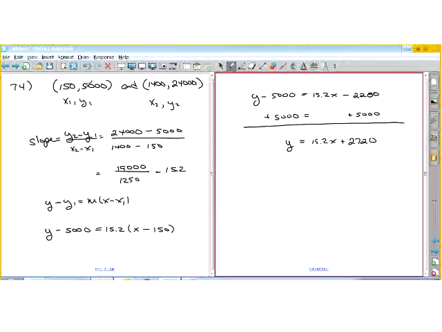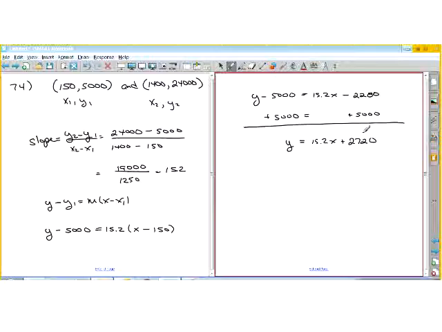And if you plug in x equals 150, you should get 5,000. Let's just try the 15.2 times 150, which is 2,280, plus 2,720 is 5,000. If you plug x equals 1,400, you should get 24,000.